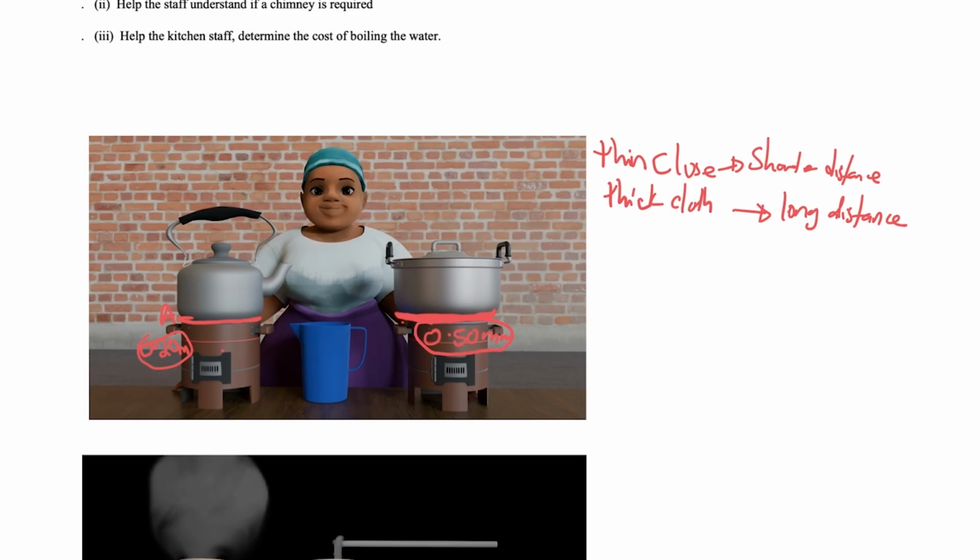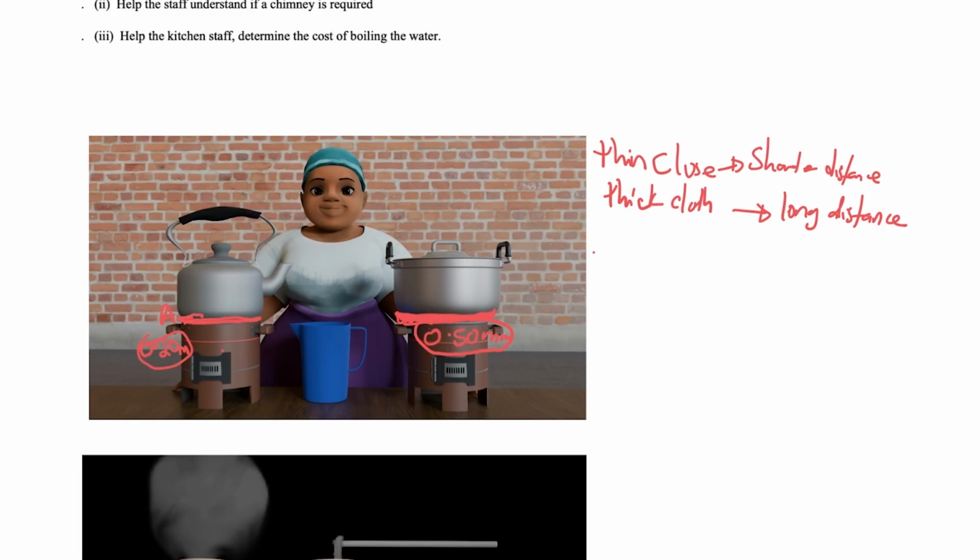So I expect saucepan A to be suitable for us to cook our tea faster, simply because heat will have to move a short distance, unlike saucepan B, where heat travels a longer distance. Why does heat need to travel the long distance in saucepan B?